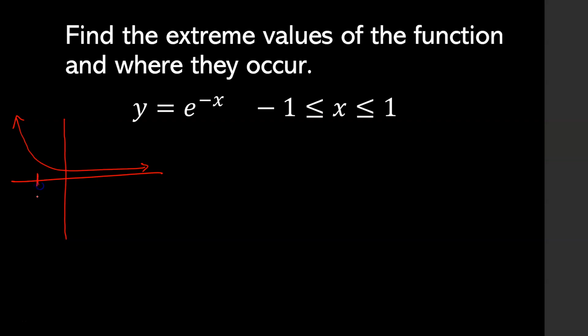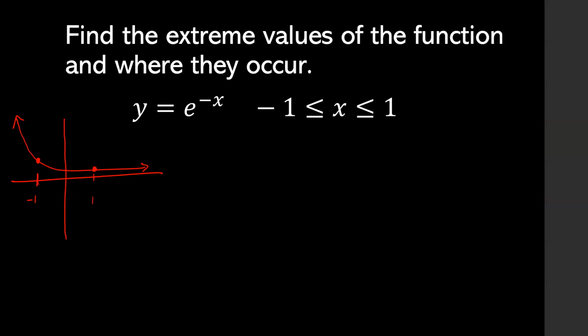But, let's see, -1 over here, 1 over here. Hopefully you can tell that on that interval, actually everywhere, e to the negative x is always decreasing, which means the maximum of e to the negative x occurs at -1, and the minimum on this interval occurs at +1.